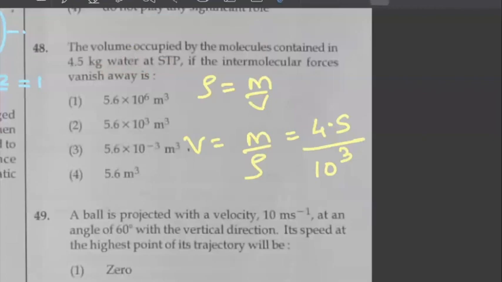Now there is only one option here which is of the order of 10 raised to minus 3, and that is this one. Why is that number 4.5 not coming? Instead of 4.5 they are taking 5.6, which may be due to the intermolecular forces. But anyways, if I just go by the order of magnitude, it should be 10 raised to minus 3.